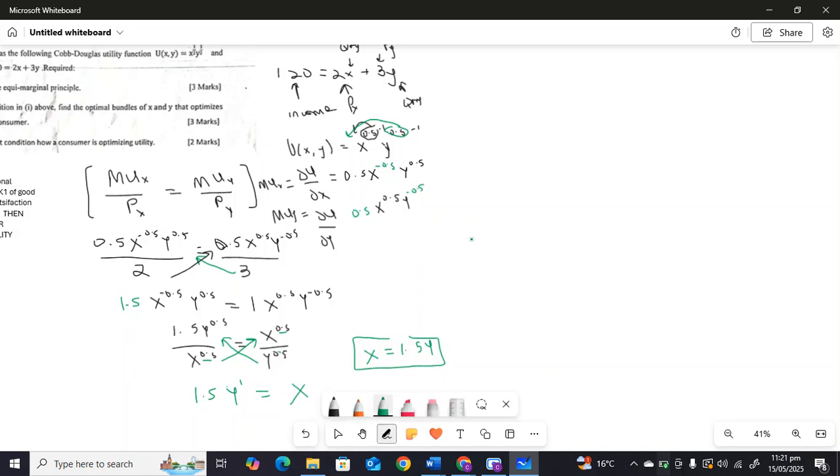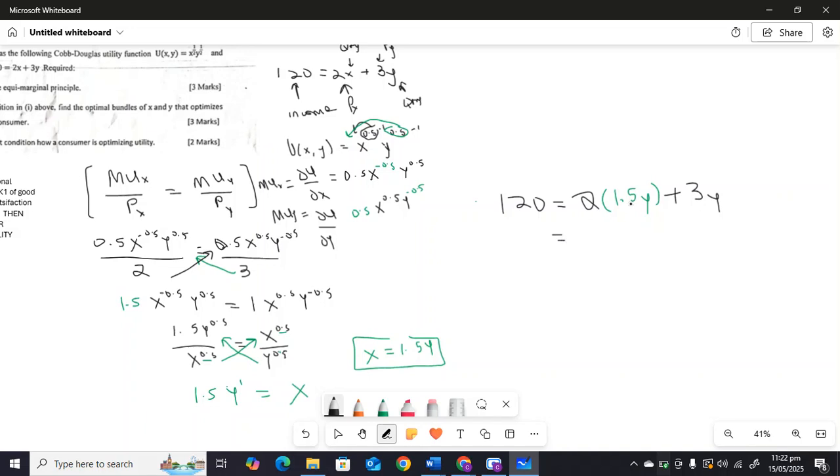So if you remember our budget constraint equation, it is 120 equals 2x. Now this x we substitute with 1.5y. So 2 times 1.5y plus 3y.